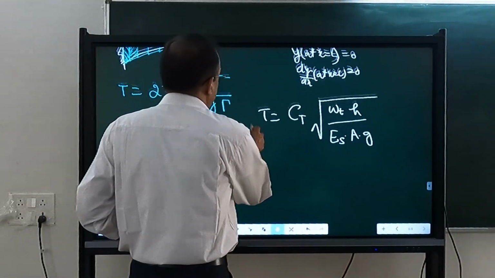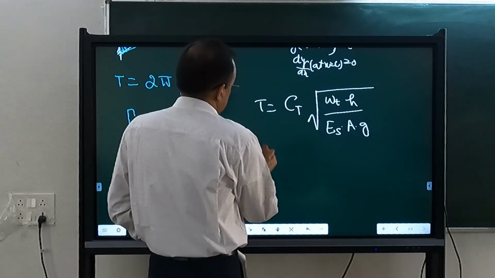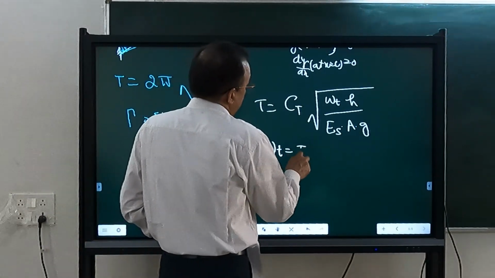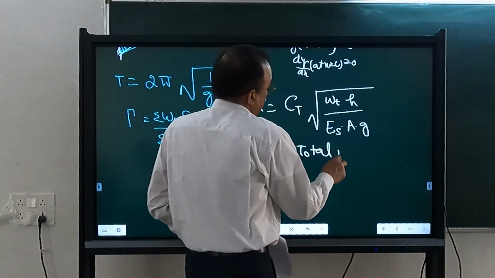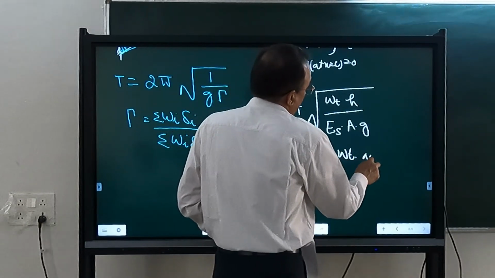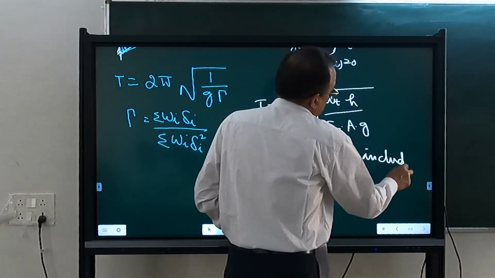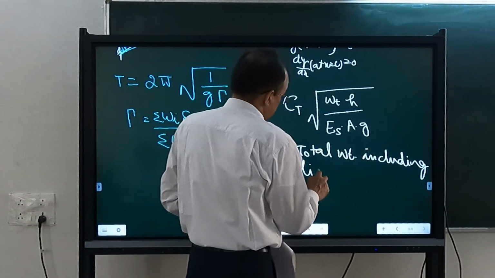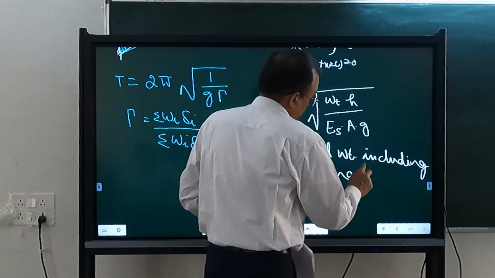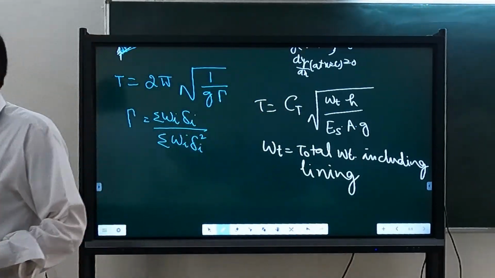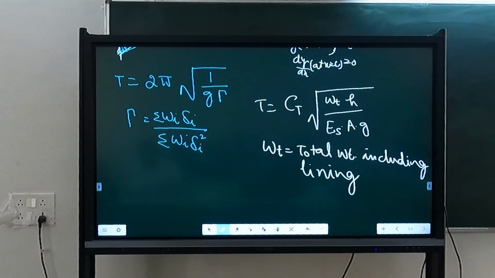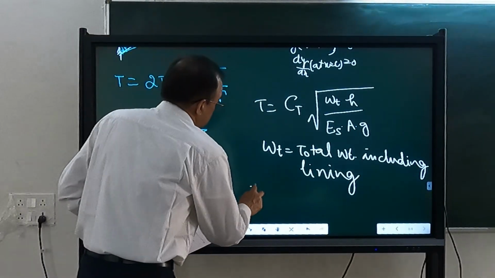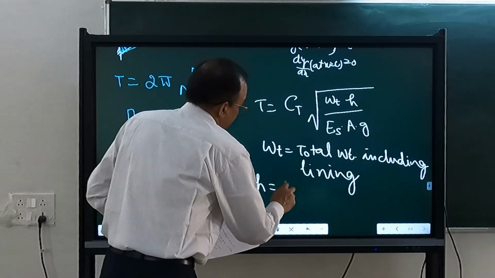That's why this T subscript is given. Wt is total weight including lining, because the lining mass is also supported by the structure. So that also needs to be considered. H is the height of the chimney above the base.